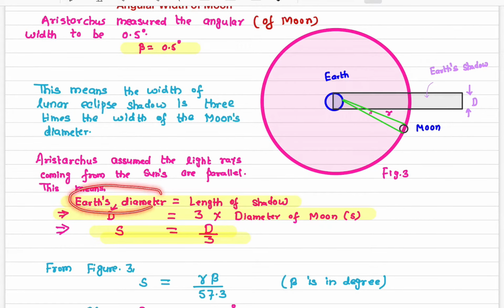So the earth's diameter is equal to the length of the shadow, and from the timing and the angular width he measured, the shadow is 3 times the size of the moon. The length of the shadow is 3 times the diameter of the moon. So S here is the size, or diameter, of the moon.